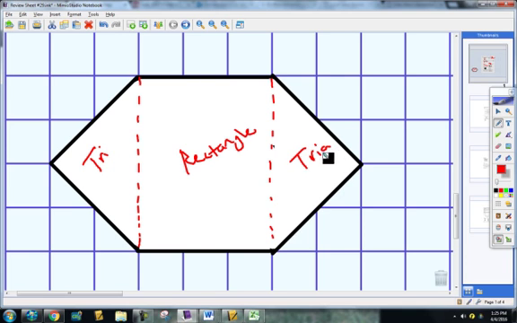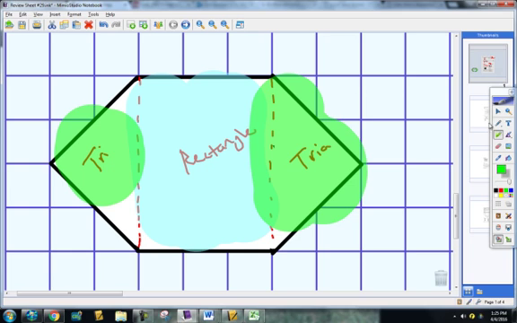Okay? Now, what's cool is you know how to find the area of a rectangle. You know how to find the area of a triangle. Okay? You know those. This is learning target number 1 of chapter 10. This would be learning target number 2, like I said, up at the top there on number 1. So all you have to do now is you're going to have to count it out.